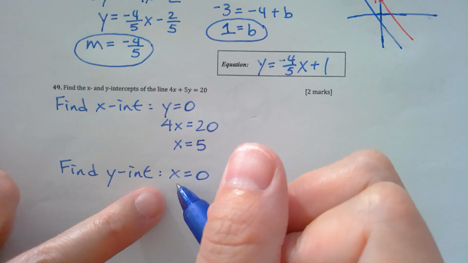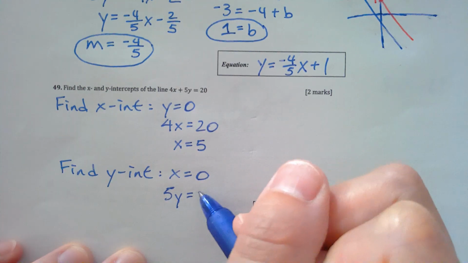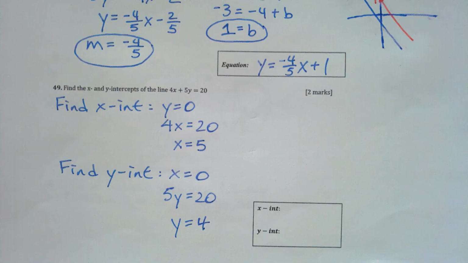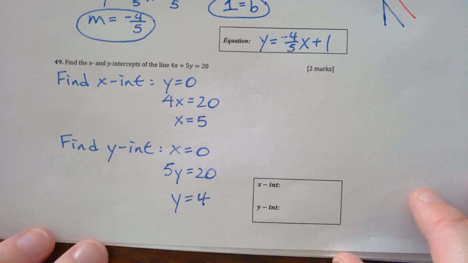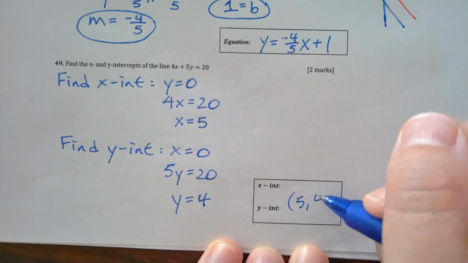All right, and then here, when x is 0, that means your equation is this. So then y equals 4. Right. So what should I write right here? Should I write 5, 4?